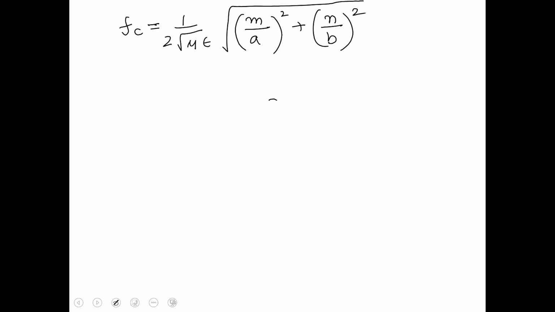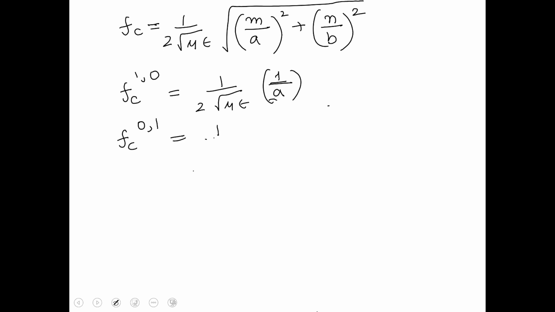So now what you're going to see is the cutoff frequency for 1,0 mode is going to be given by 1 by 2 square root of mu epsilon times 1 by a. Substitute just m is equal to 1 and n is equal to 0, and the cutoff frequency for 0,1 mode is going to be given as 1 by 2 square root of mu epsilon times 1 by b.